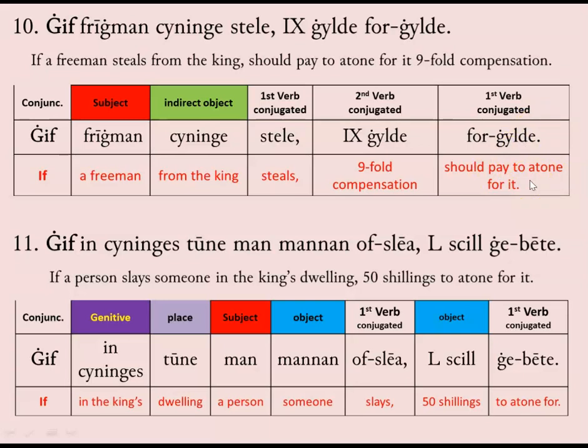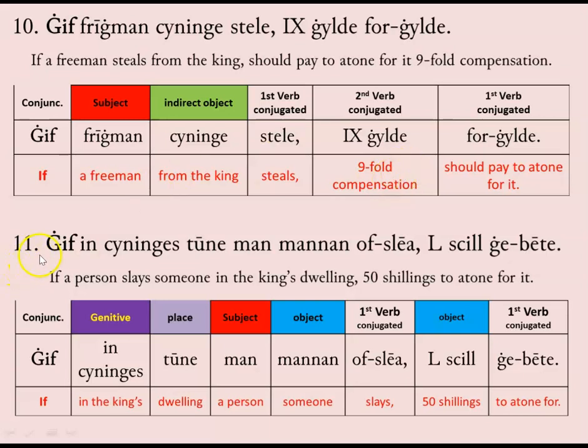In modern English, we would write this with the verb first: he should pay to atone for it, ninefold compensation, or he should pay to atone for his actions with ninefold compensation. Translating that to Old English, we would take the first verb, should pay to atone for it, and put it in the last place in its conjugated form, and then the next verb would go in its unconjugated form. But here it's also conjugated, so it's pressing home the point, ninefold compensation.